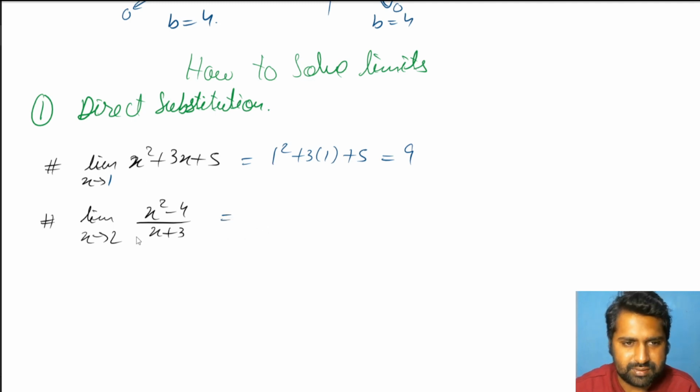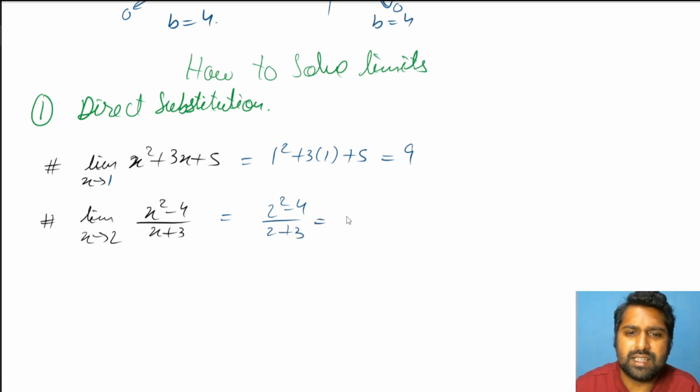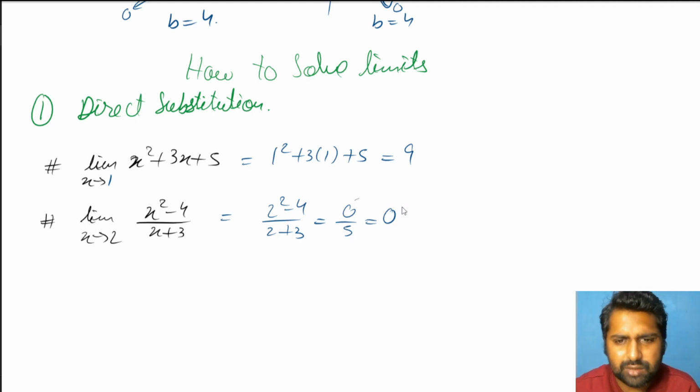Put the value of x as 2: 2 square minus 4 upon 2 plus 3, that's 0 by 5, that's 0. You can do direct substitution as long as you get a value. Even if it comes 0, positive or negative, as long as you get a value directly, you can do direct substitution, no problem. One more simple example here.